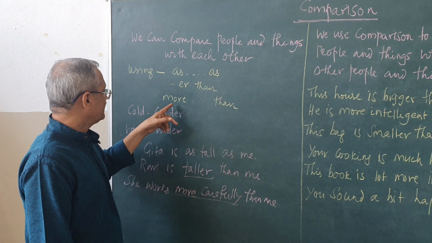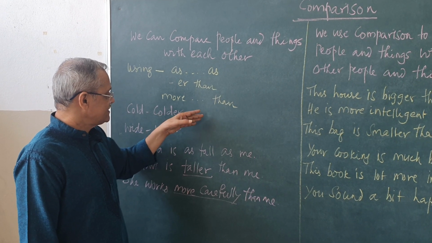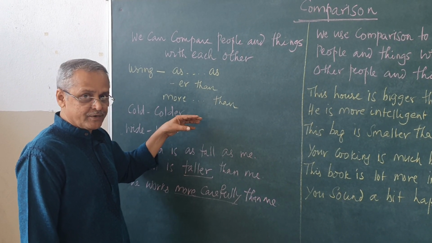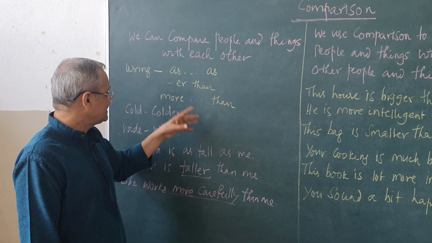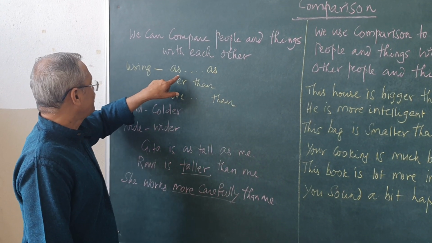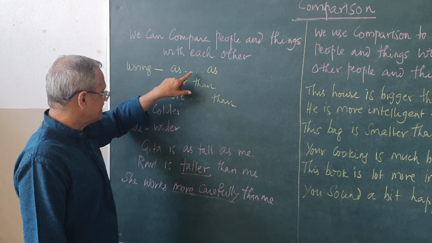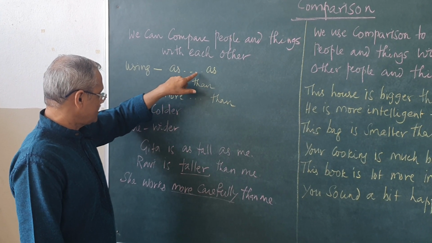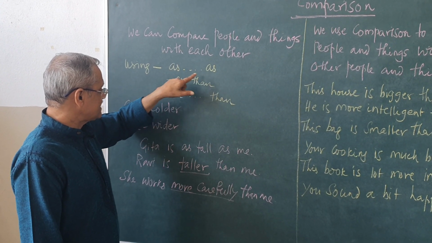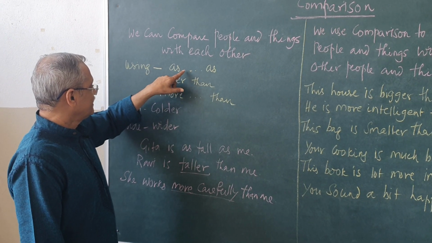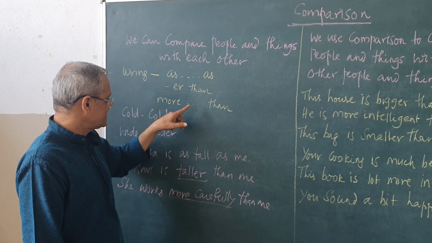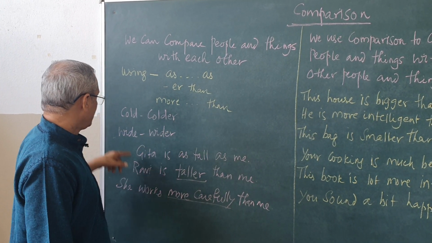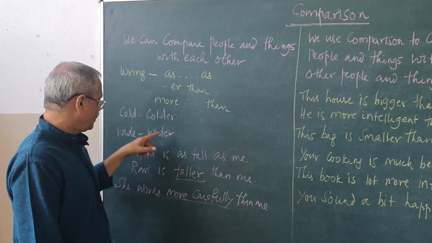Then more than, more intelligent, more impressive, more beautiful, more wonderful, more careful, more polite. We also use as adjective as, like as fast as, as slow as, as quick as, as beautiful as, or more plus this one and than, like cold, colder, wide, wider.